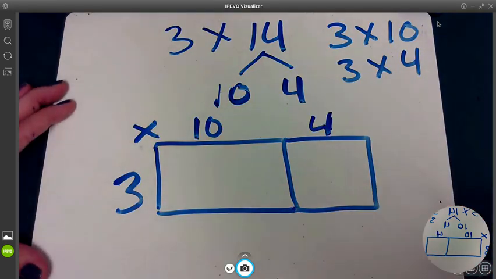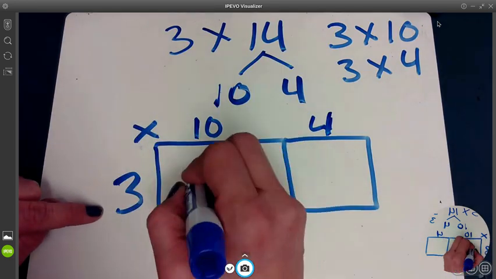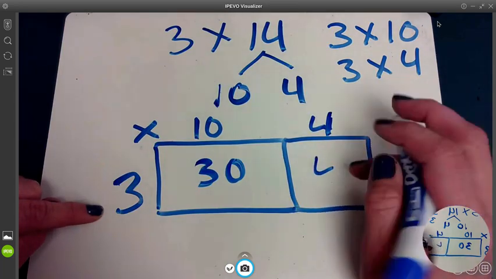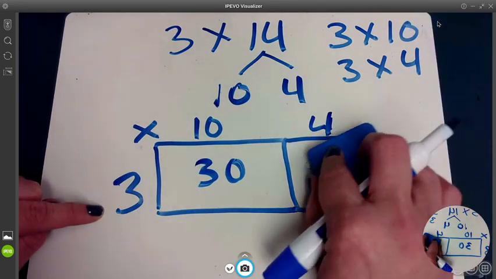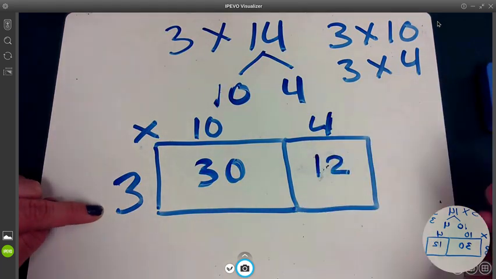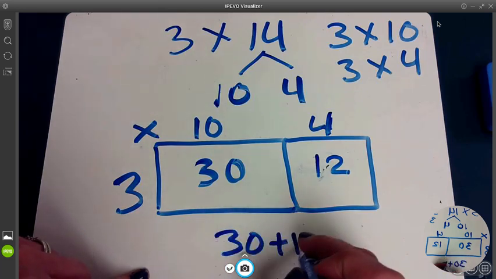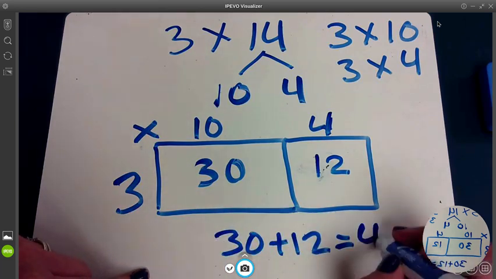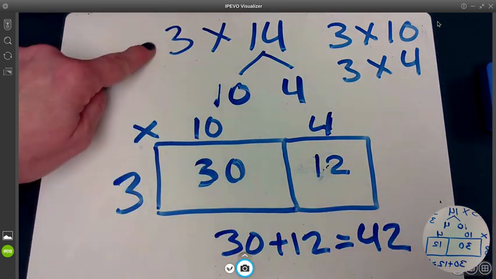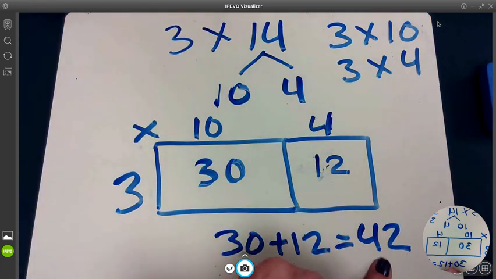Then they'll multiply 3 times 10, that's 30, and 3 times 4, that's going to be 12. After that, they take 30 plus 12 equals 42. So then they'll know that 3 times 14, our original problem, is going to equal 42.